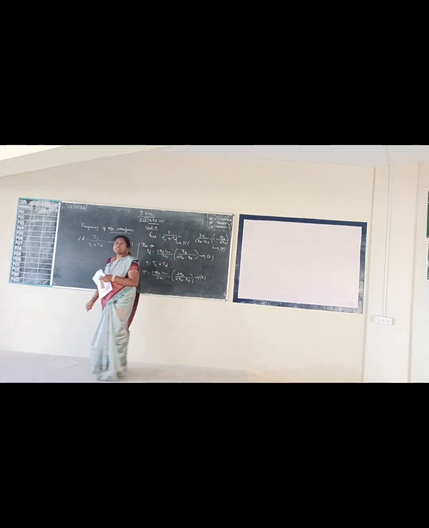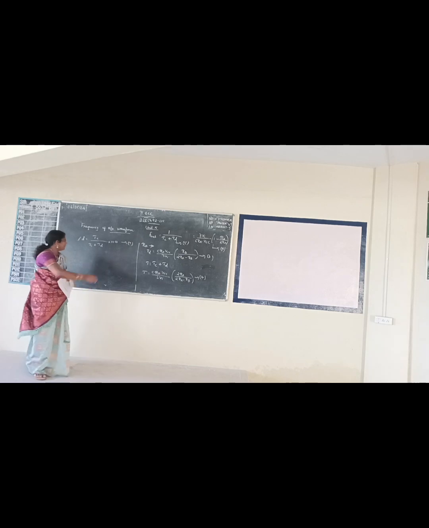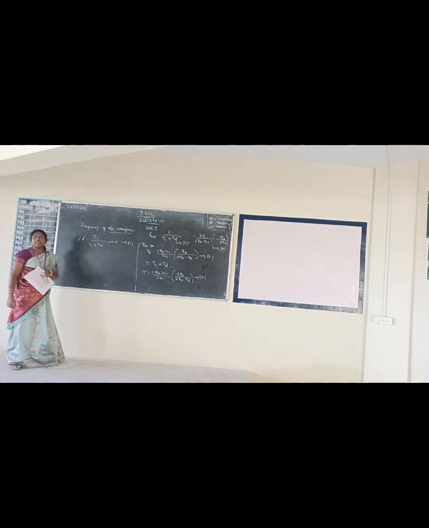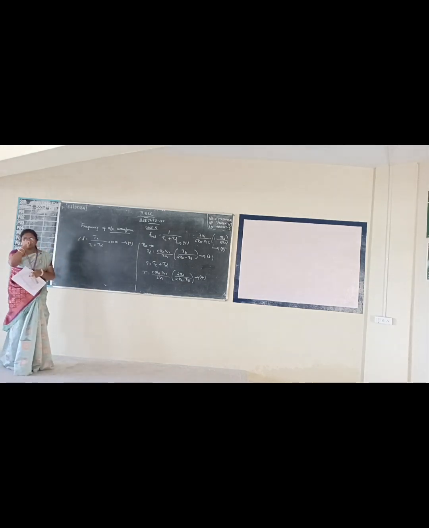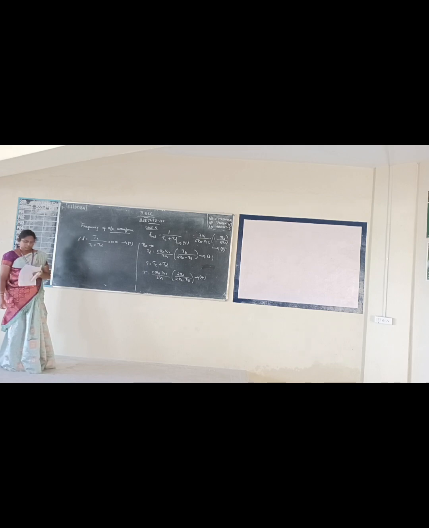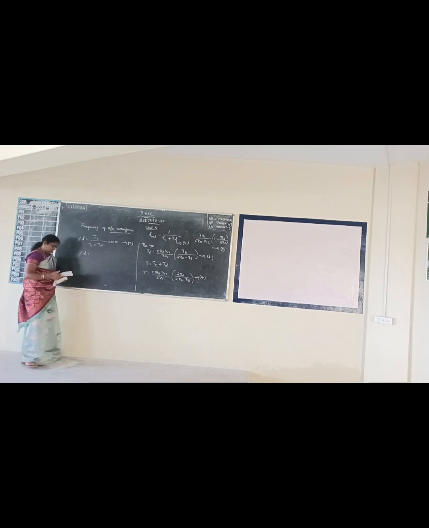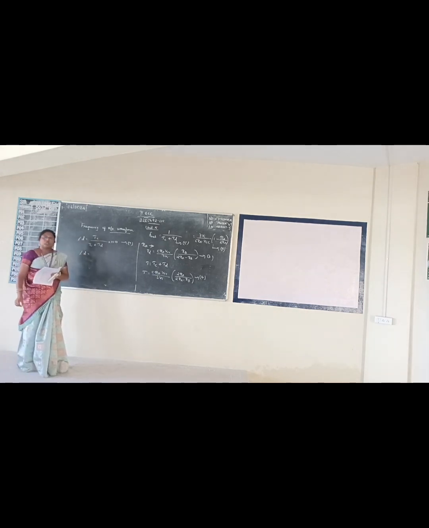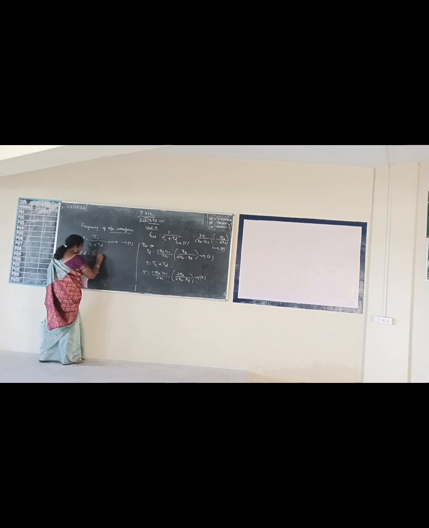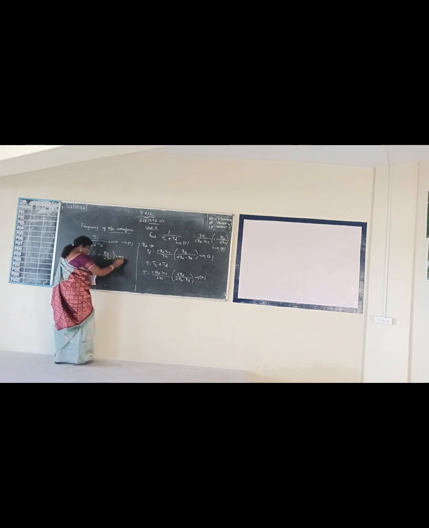So at first we get 1 minus RB by 2 into RA into 100. So consider this equation number 8.